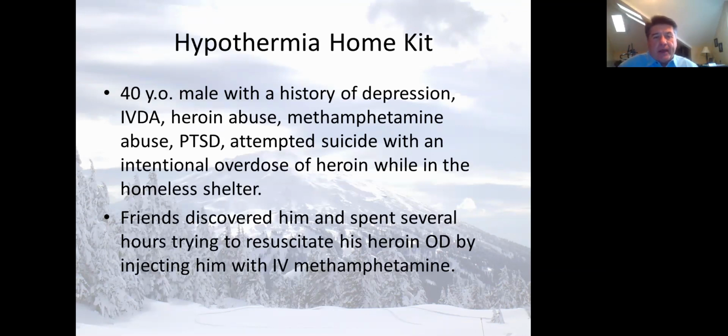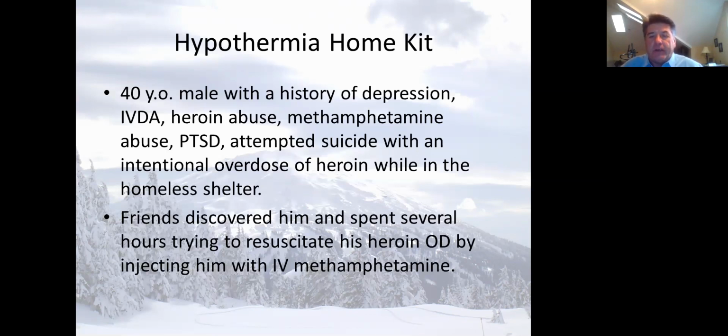It's a 40-year-old male with a history of depression, IV drug abuse, heroin abuse, methamphetamine abuse, and post-traumatic stress disorder. He attempted suicide with an intentional overdose of heroin while in the homeless shelter. Going back for history, he had asked one of his friends for some heroin.